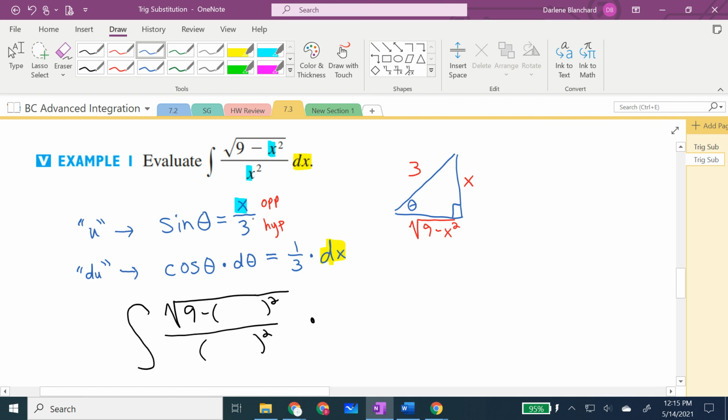My x is equal to 3 times sine theta. And my dx is equal to 3 times cosine theta d theta.